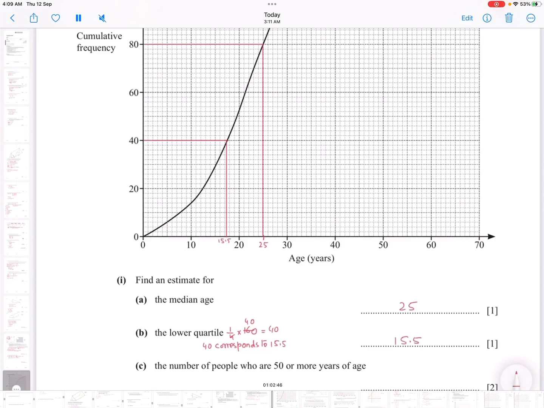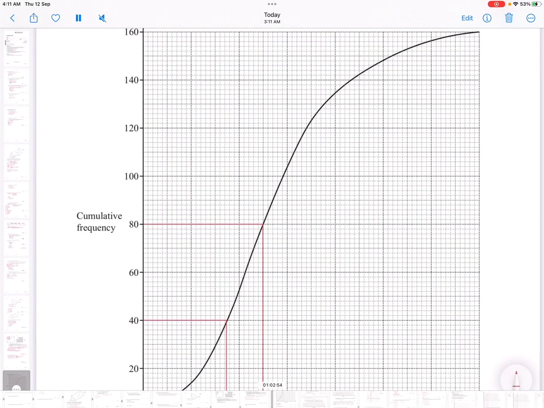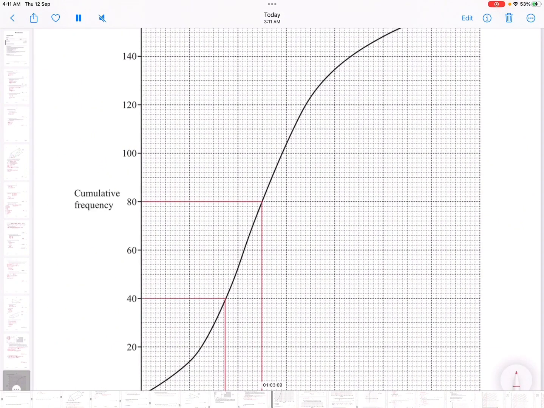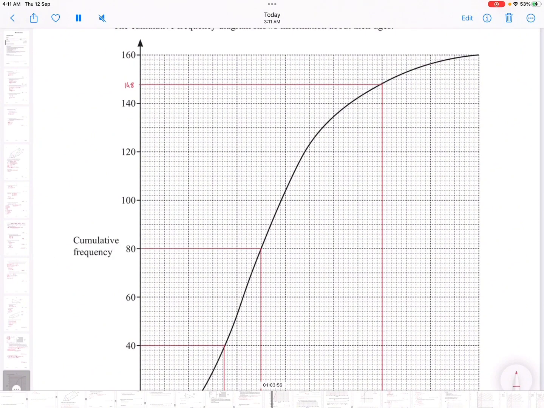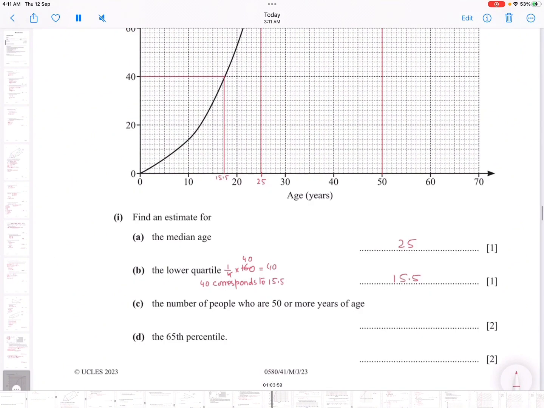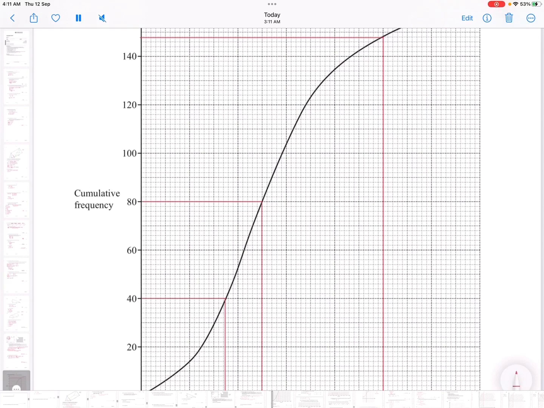The number of people who are 50 or more years of age. How do we do that?